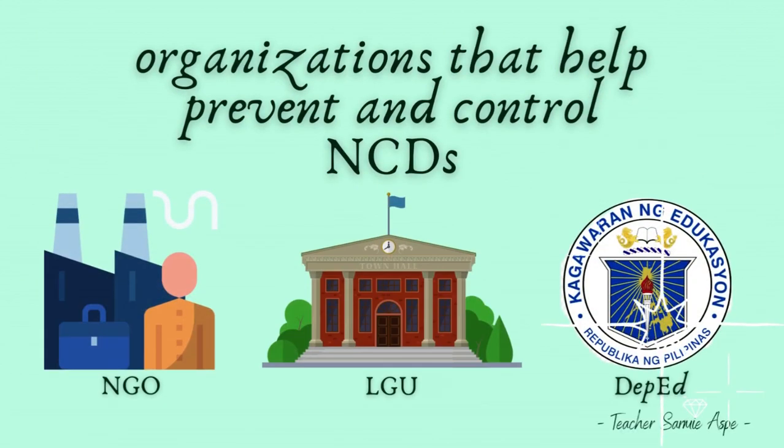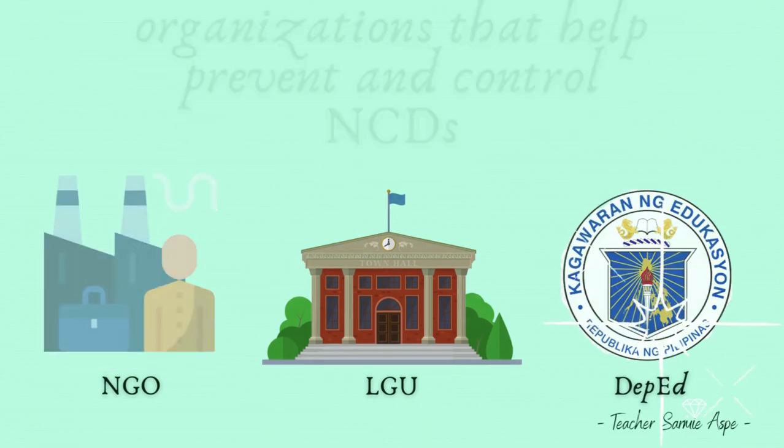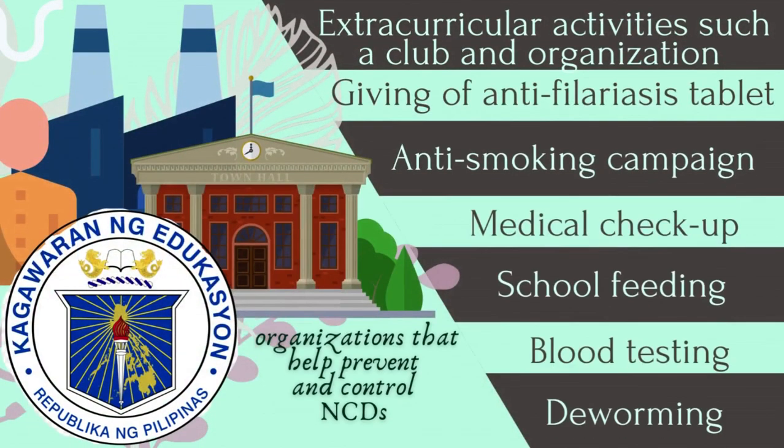And these are other organizations that may help to prevent and control non-communicable diseases. We have the non-government organizations, the local government units, and the Department of Education. They regularly conduct activities to promote school health and nutrition and the control and prevention of non-communicable diseases.